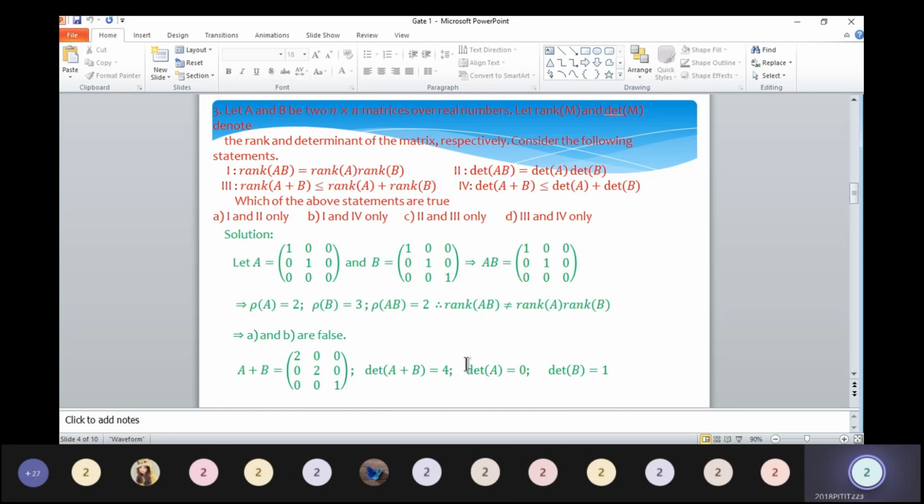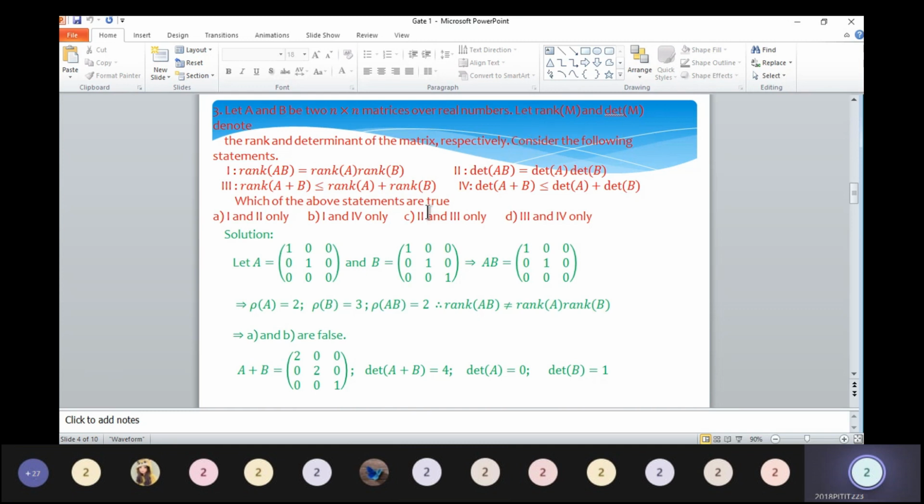Third one. Let A and B be n by n matrices over real numbers. Rank of M and determinant of M denote the rank and determinant of the matrix respectively.